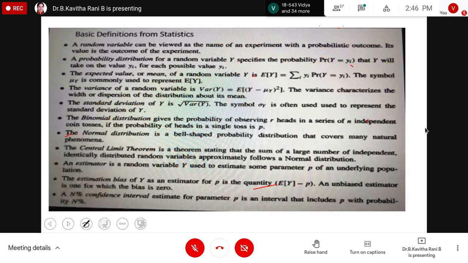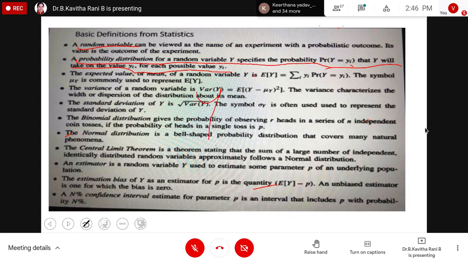So the next one is probability distribution. So what is probability distribution? The probability distribution for a random variable y specifies the probability, that is, the probability of y equal to yi, that y will take on the value yi for each possible value yi. Take the same coin toss. I am performing an experiment here, that is y.